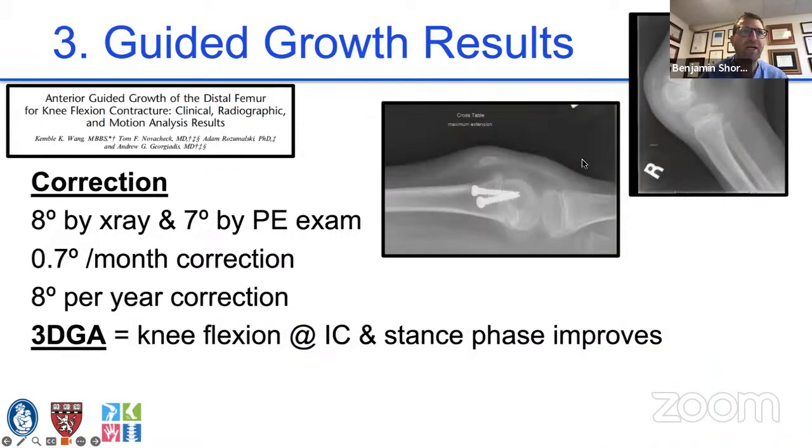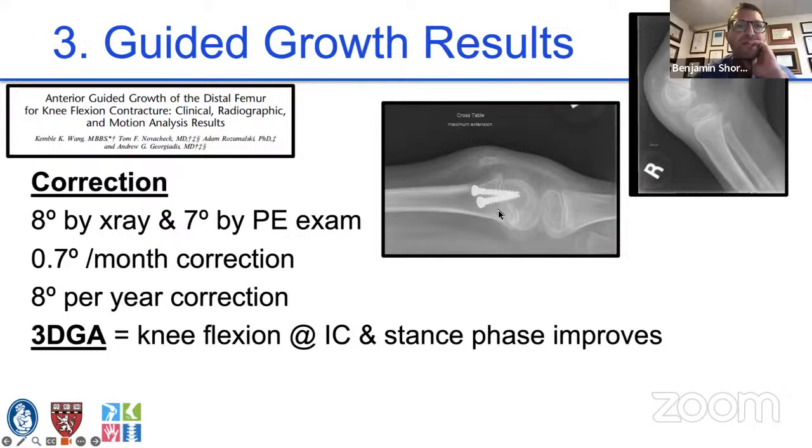There have been some reports looking at the degree of correction. We've written a paper, I think published last year in JPO, that talks about the degree of correction and where you want the screws. What's interesting is that I think the distal femur grows in a circumferential pattern, so that over time, screws that you think are very anterior will migrate more to the middle of the femur.